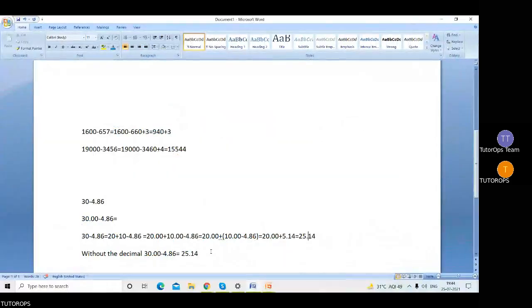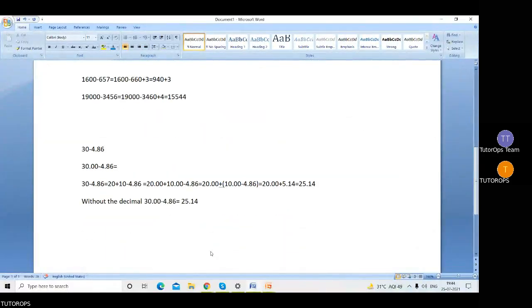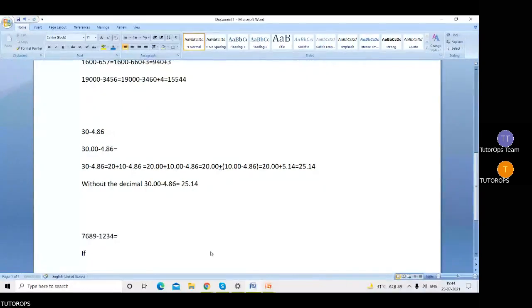Let me take another example, a bit simpler: 7689 minus 1234. You can break it in 4 parts also. If we break 7689 in 4 parts, each part will be a digit: 7, 6, 8, and 9.